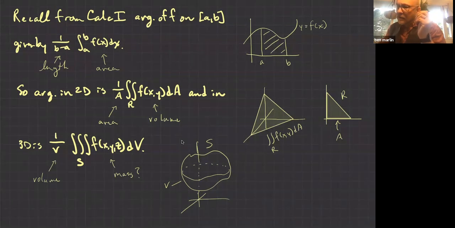Well, yeah. So I need you to recall something from Calc 1. We had a formula where we said, if you want the average of a function over an interval, that you would take 1 over b minus a and then integrate the function there.